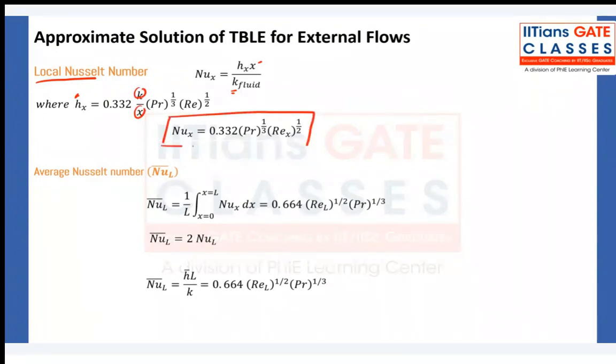And for the average Nusselt number, as usual, I integrate from x equals 0 to x equals L, and I get 2 times the Nusselt number at x equals L. So the average Nusselt number is 2 times the local Nusselt number at x equals L.